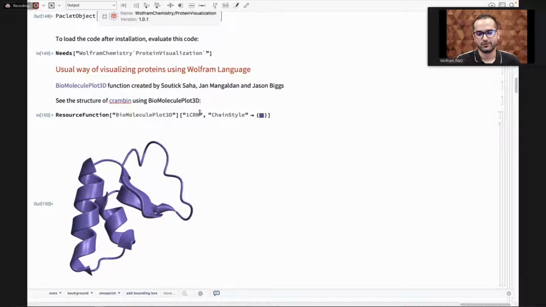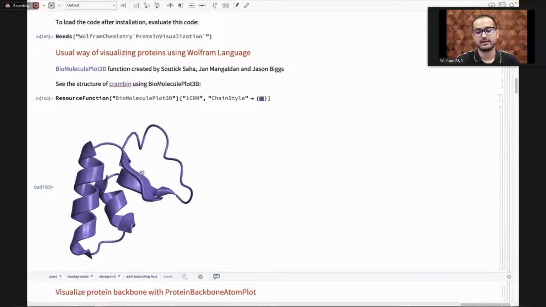One of the possible inputs it can take is a 4-letter PDB ID code. Each experimentally determined protein structure available in the protein structure database, whose link I'll share at the end of the talk, has a unique 4-letter PDB ID code. That can yield this ribbon diagram using this function.